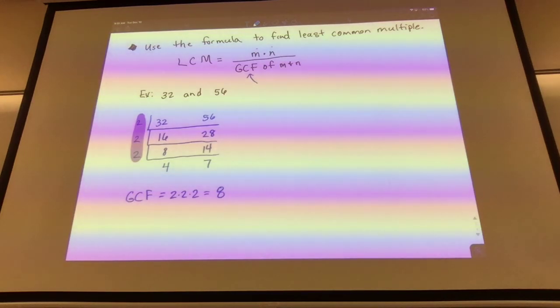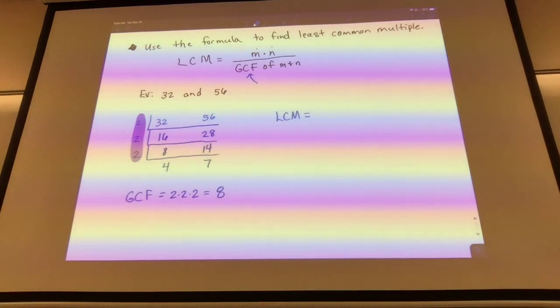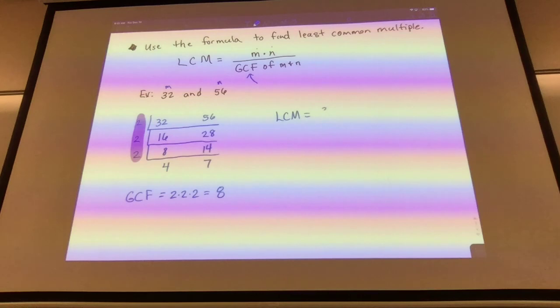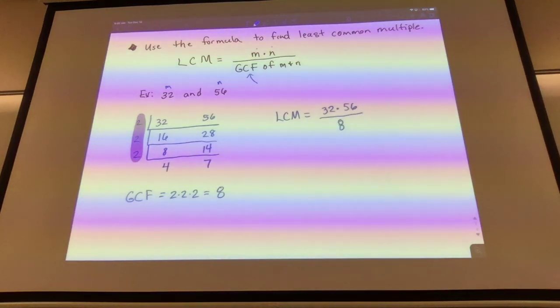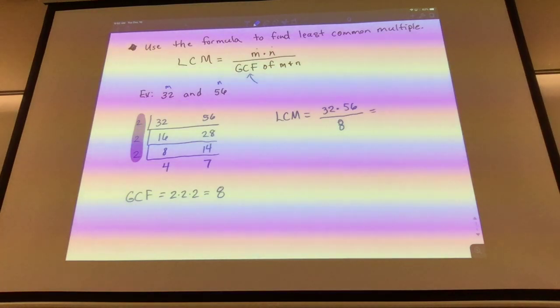So using my formula, least common multiple is equal to m times n, so 32 times 56, divided by the GCF of them, which we found to be 8. If you multiply that out and then divide by 8, you will get 224.